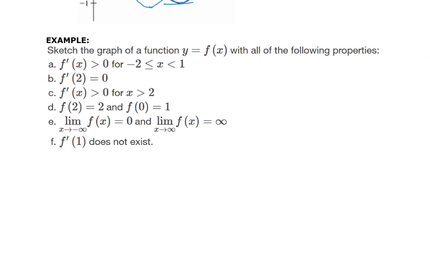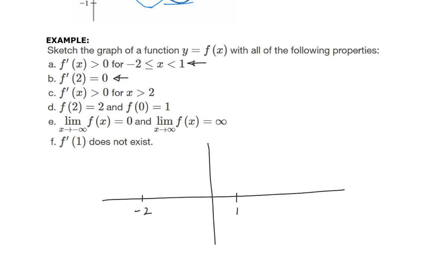On this one, we're going to be asked to sketch the graph of the original function given this information about its derivative. All right, we'll start with this one. Between -2, so here's -2 and 1, the derivative of the function is above the x-axis. At 2, the derivative of our function is 0. So at 2, we must be at 0.